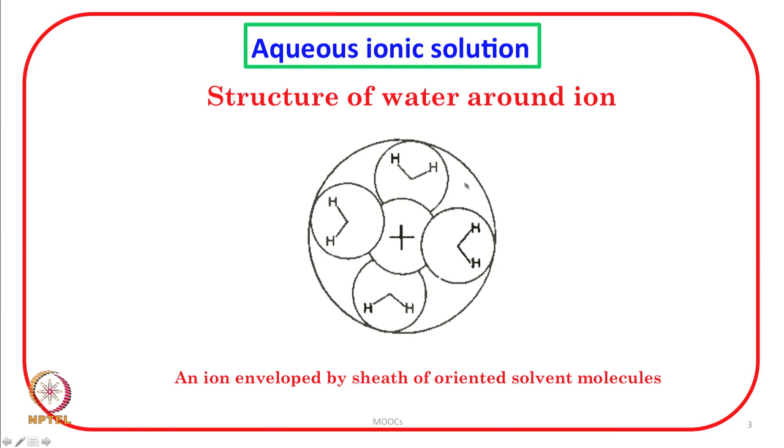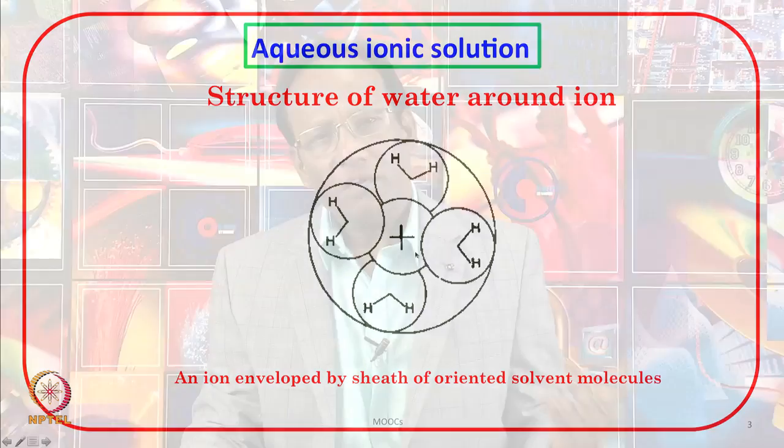And obviously, this primary hydration of the central ion has affected the rest of the structure of water. And before we start connecting these disturbances in the structure of water with the thermodynamic parameters, let us discuss what happens beyond the primary hydration shell. Let us take a look at what happens beyond the primary hydration shell.